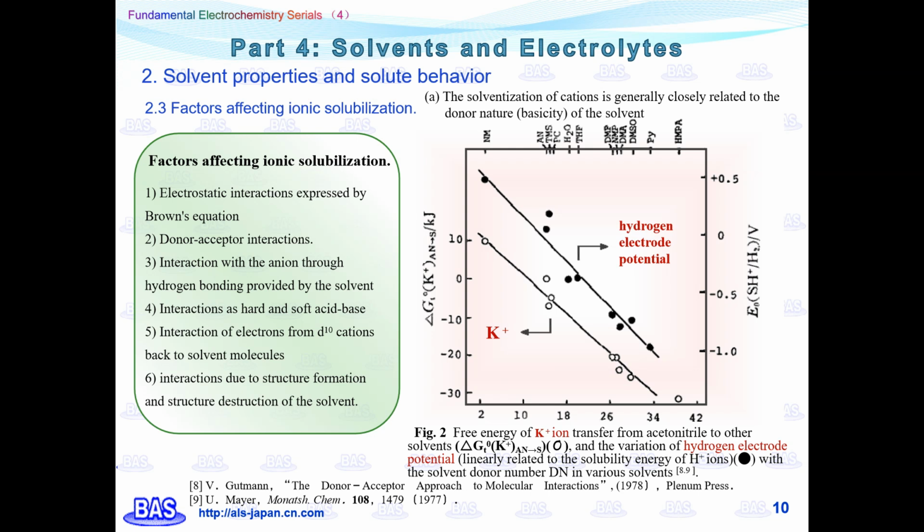These factors include electrostatic interactions expressed by Born's equation, donor-acceptor interactions, interaction with the anion through hydrogen bonding provided by the solvent, interactions as hard and soft acid-base, interaction of electrons from d10 cation feedback to the solvent molecules, and interactions due to structure formation and structure destruction of the solvent.